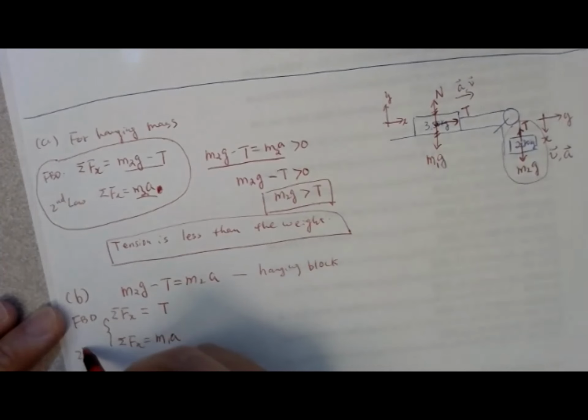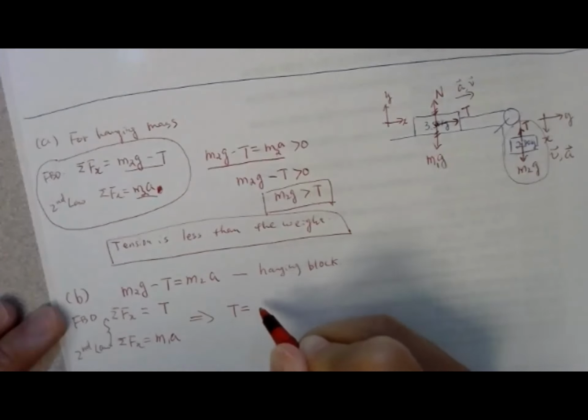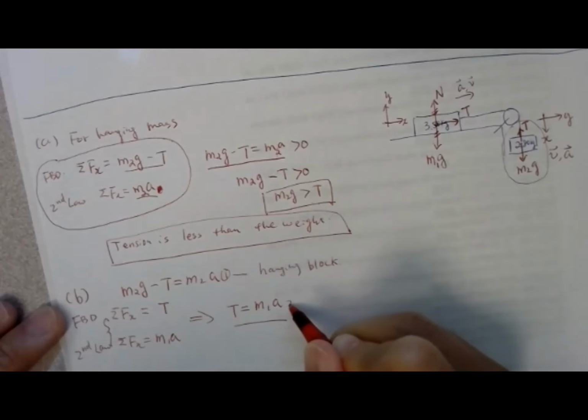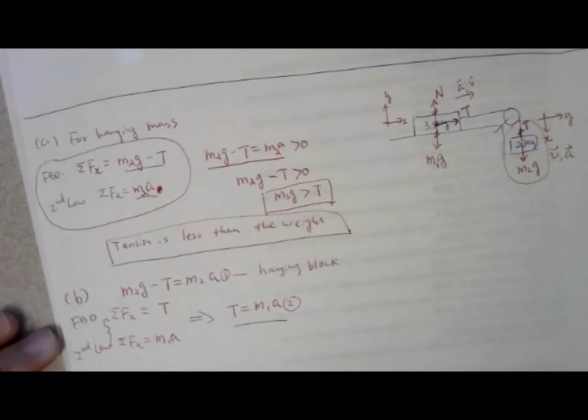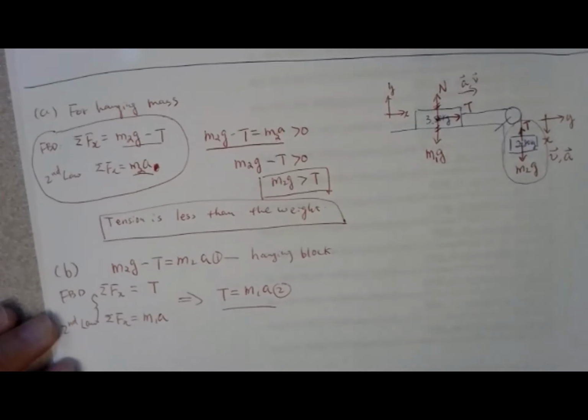Combine these two, and you can write that T is equal to M1 times A, right? So now you have the first equation and the second equation, by looking at the free body diagram and applying Newton's second law of motion for the two.